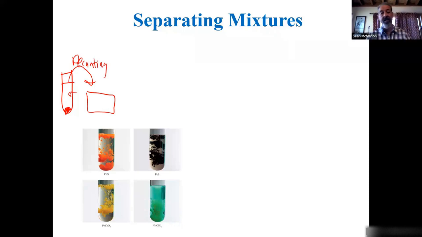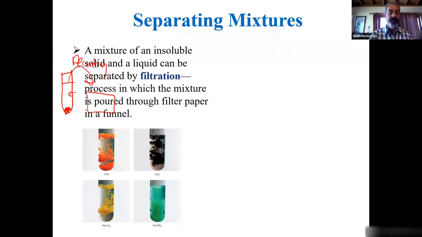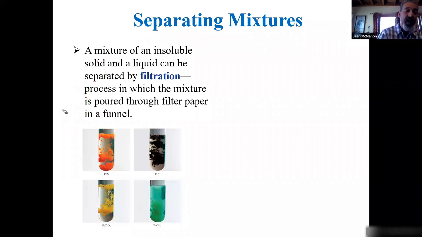That's another technique. Now, if you don't want to spin it or you don't have a centrifuge available, how could you separate this solid? The reason is that it's not soluble. What that means is it doesn't mix, right? It has different properties. So this insoluble solid can be separated from the remainder of the liquid.